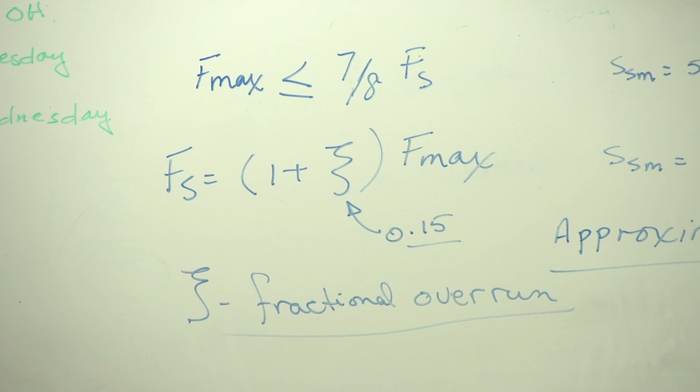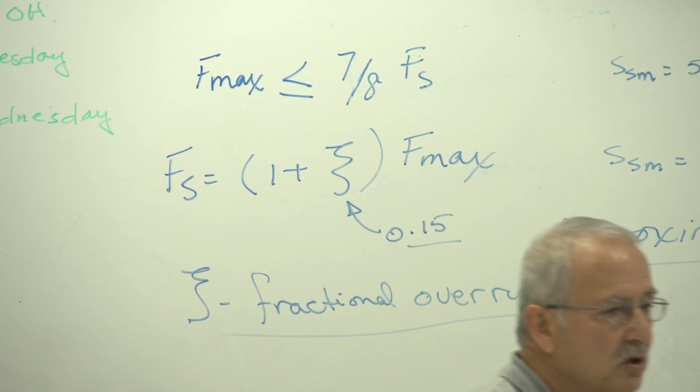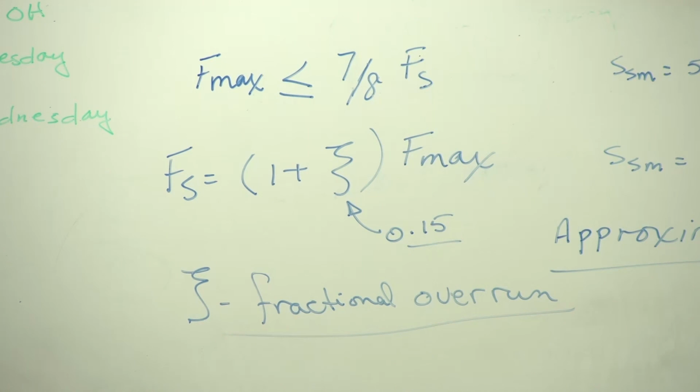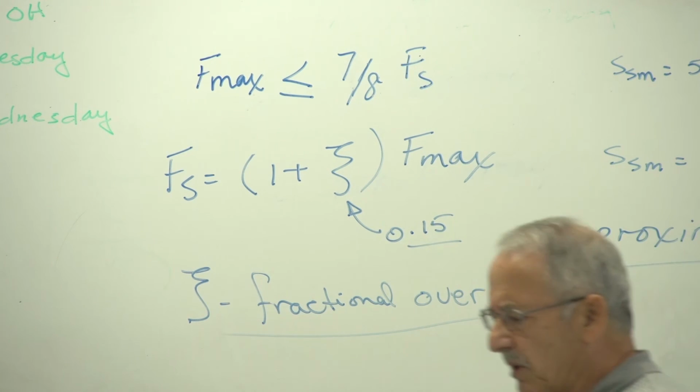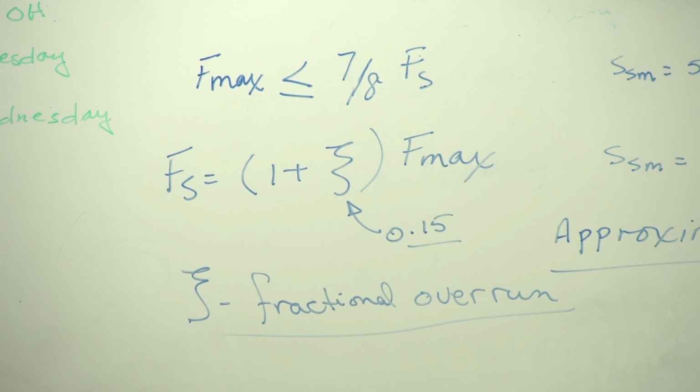The 15% or 0.15 is not carved in stone. It is not something that you'll see every place. You may see 10%. It all depends on your design. You may see a little bit more. 15% is just one of the values that's used. So don't think that that's really something that is fixed and a property of the material or anything like that.